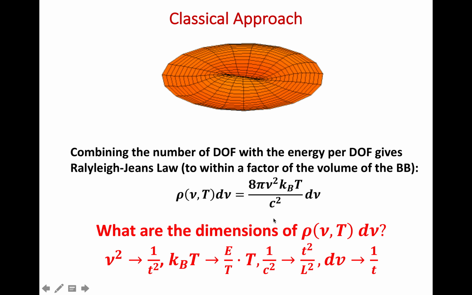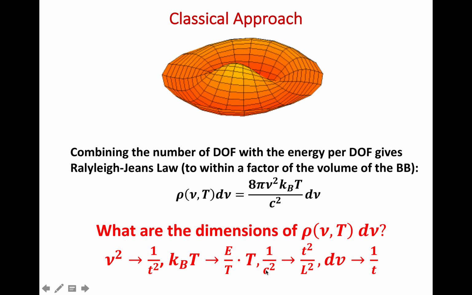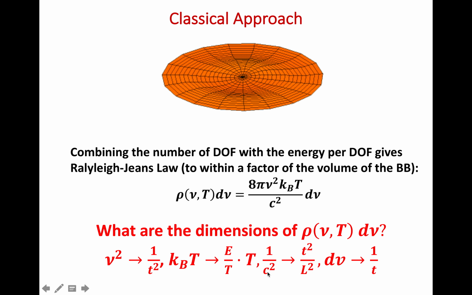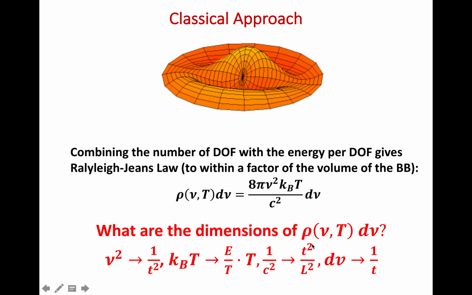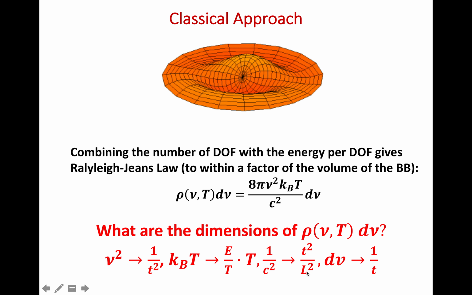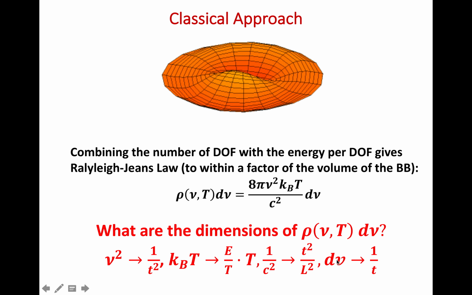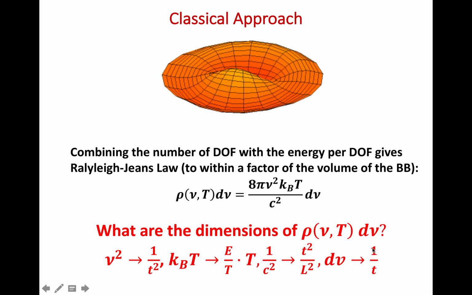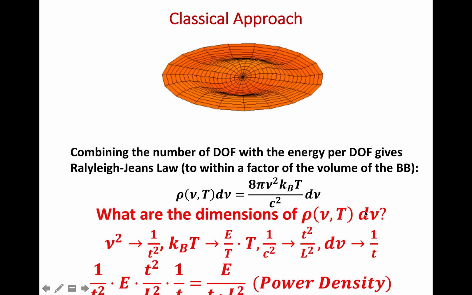I've got 1 over c squared, and of course c is the speed of light, so that's in meters per second. So 1 over c squared is going to be dimensions of time squared on top, and divided by dimensions of length squared on bottom. And finally, I have my little differential element of frequency, which is going to also have dimensions of 1 over time.